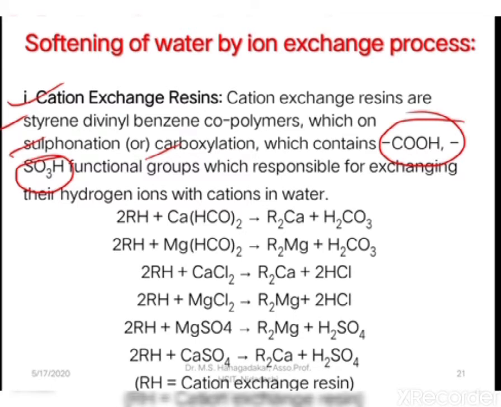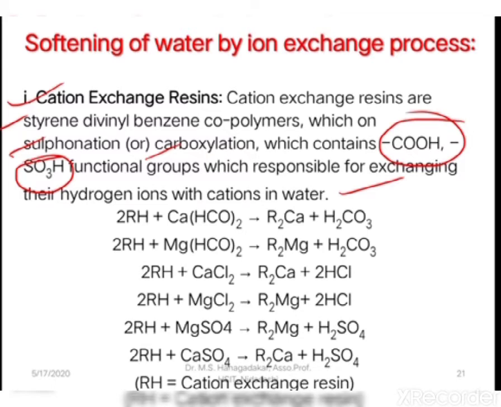Both functional groups have hydrogen ions that can be exchanged. Because of the hydrogen ions in the functional group, this resin is capable of exchanging hydrogen ions with cations of water, such as calcium and magnesium.